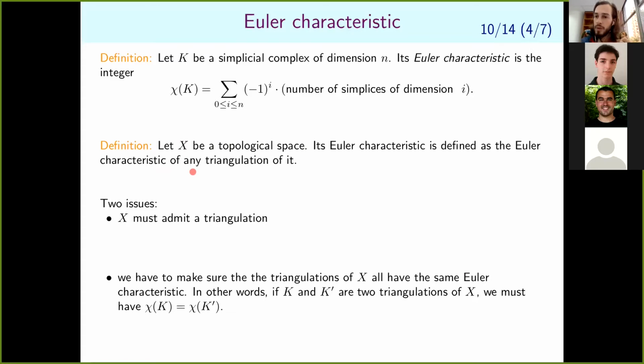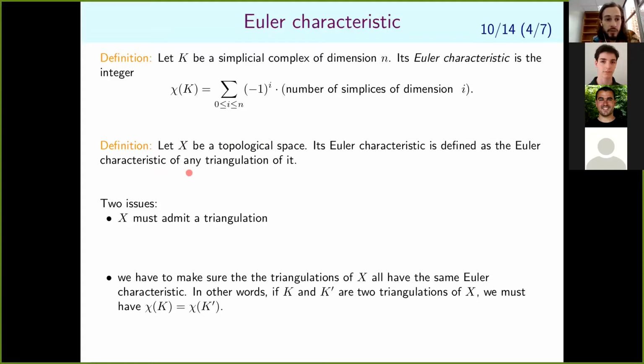In other words, if I want to find the Euler characteristic of a given topological space, first I find a triangulation, and then I compute the Euler characteristic of the triangulation. So there are 2 issues here.